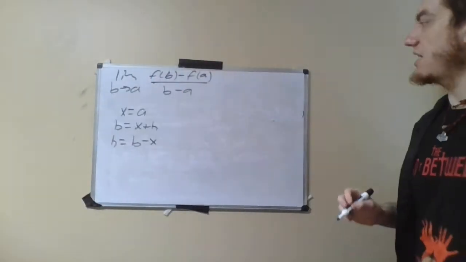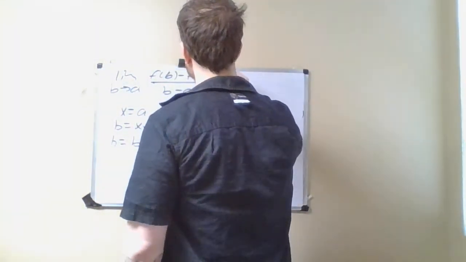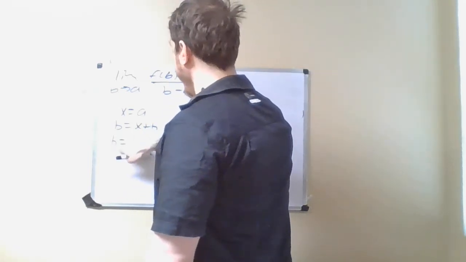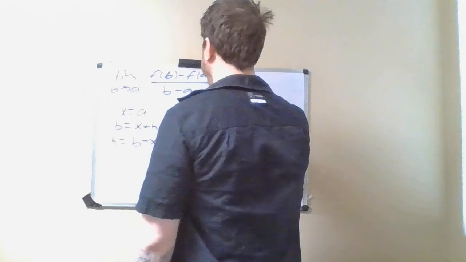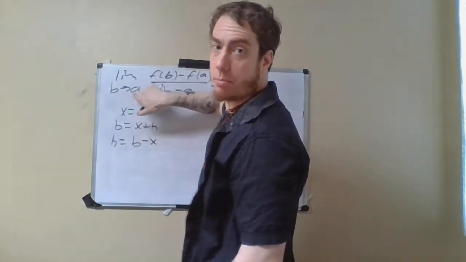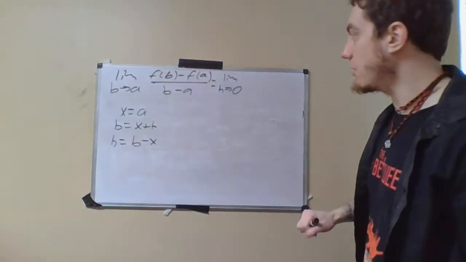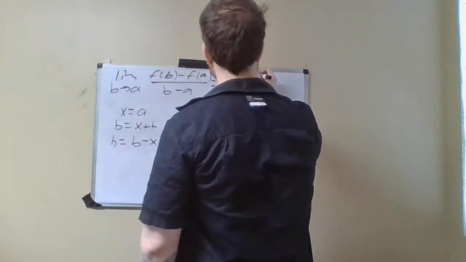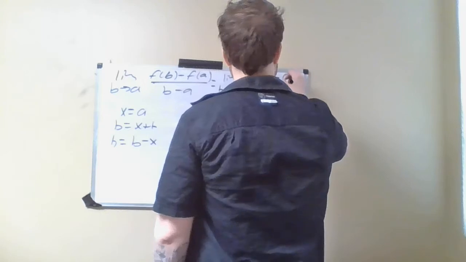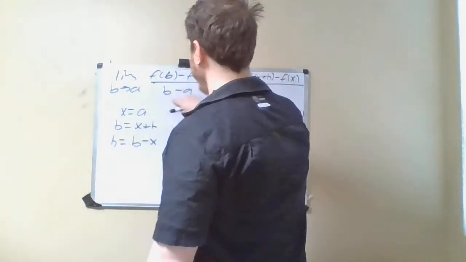Now, what happens if we make these substitutions? Well, in that case, what we're doing is we're taking the limit really as h approaches 0, because if x is a, then b approaching x or b approaching a, that really just means that this h term is vanishing to 0. And b is x plus h, so this is f of x plus h minus f of x, because I'm rewriting the a as an x, and then b minus a.